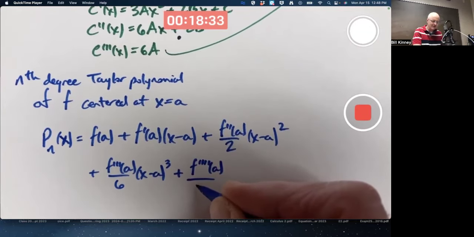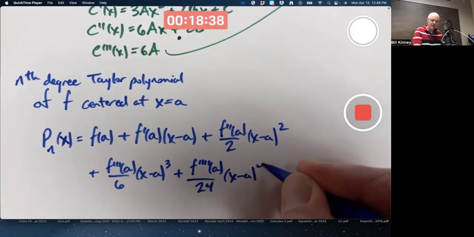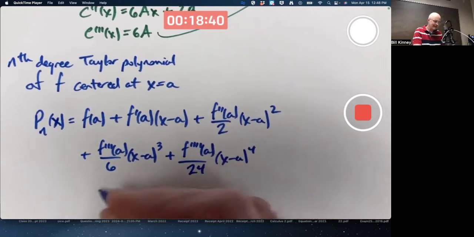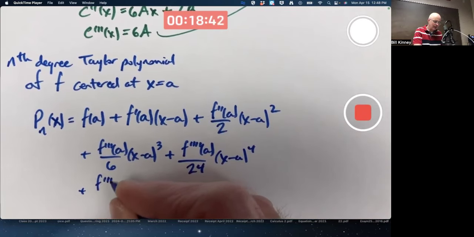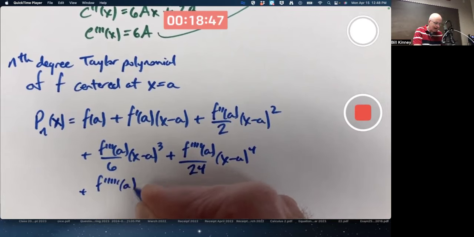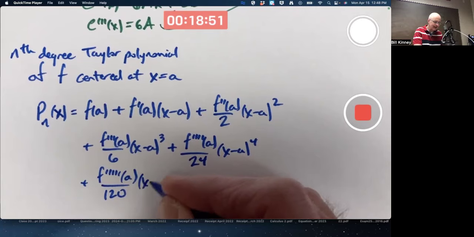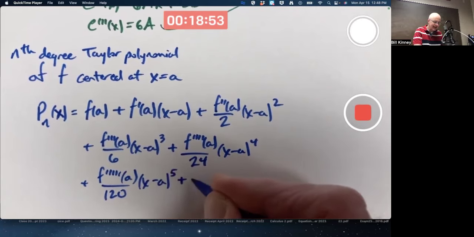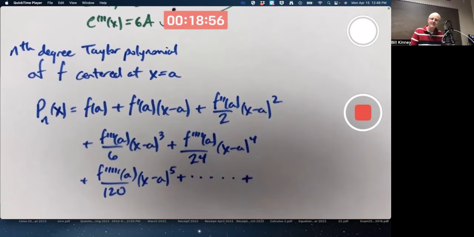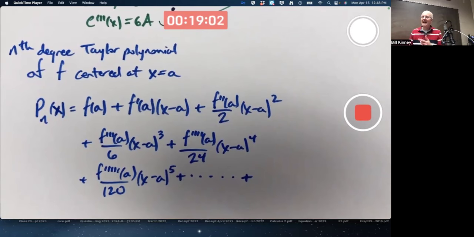I'm just going to tell you the answer, 24, times x minus a to the 4th plus f quintuple prime of a, 5 primes of a, divided by 120 of all things times x minus a to the 5th, etc. And if it's nth degree, the last term involves x minus a to the nth power.